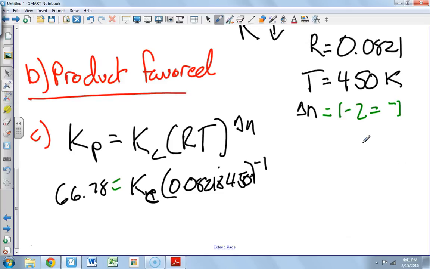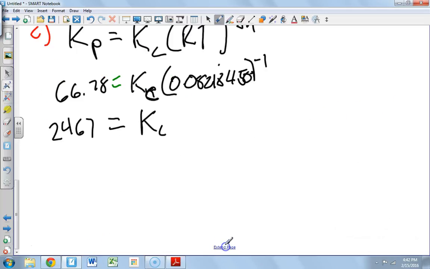Now we divide: 66.78 divided by that answer, and we get that Kc equals 2467. That's a much bigger value, but that's how concentration is expressed.